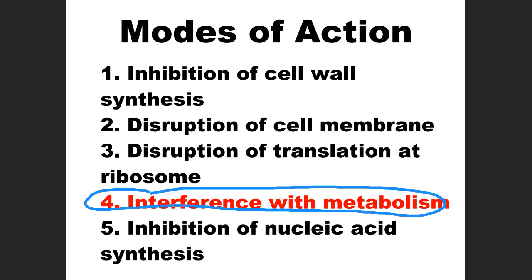When I say interference with metabolism, I'm not talking about interfering with ATP production, but really more about interfering with a metabolic pathway where inside of a cell, something needs to be produced. And for that something to be produced, it takes multiple steps.